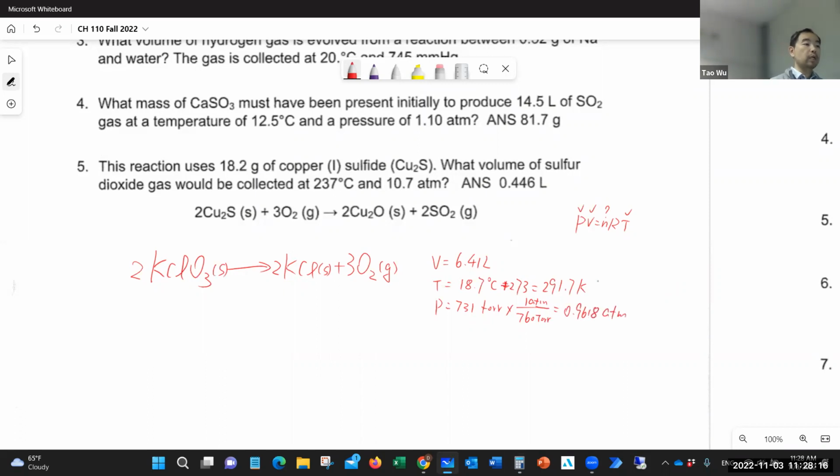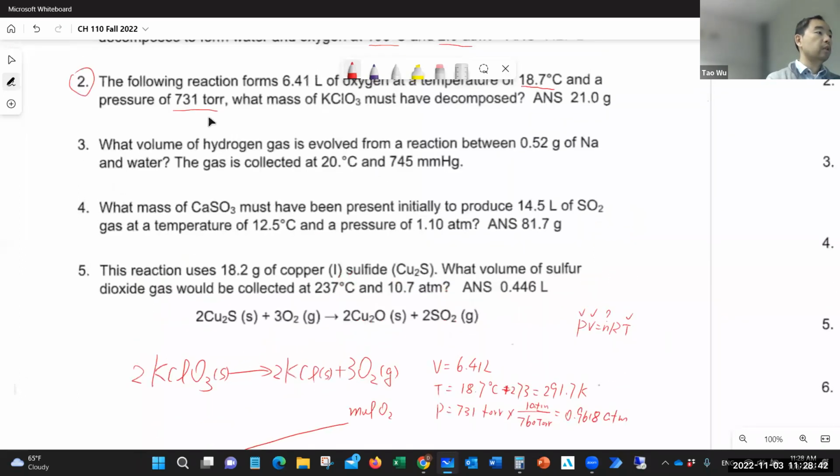Now we have the units that we required, and we can base on this to figure out the moles of gas. If you know the moles of oxygen in this equation, you should be able to figure out the moles of potassium chlorate. What is the question asking for?